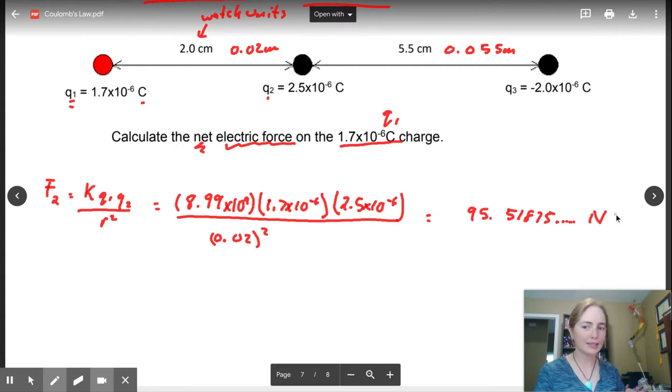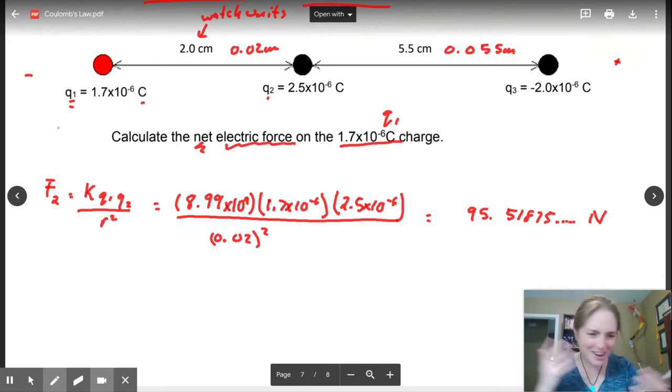Now we need to think, what direction do we want to be negative and what direction do we want to be positive? I'm going to choose left as my negative direction and right as my positive direction, because that's just kind of common. Now we need to think. Q2 and Q1 are both positive charges. So what are they going to do?